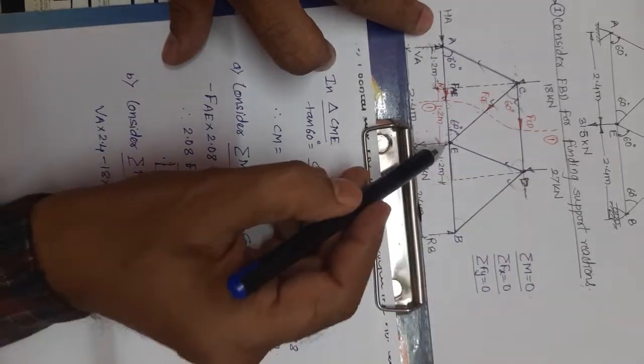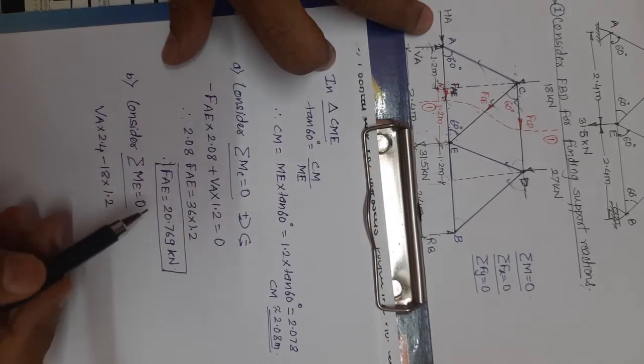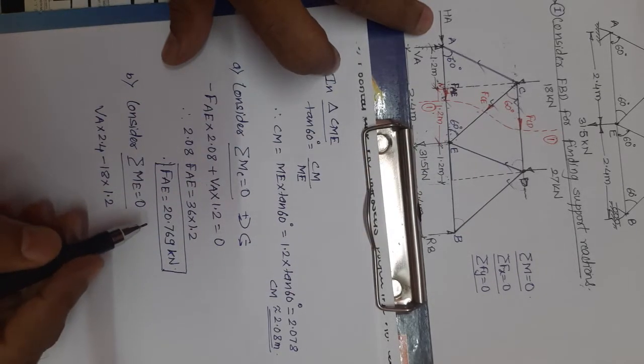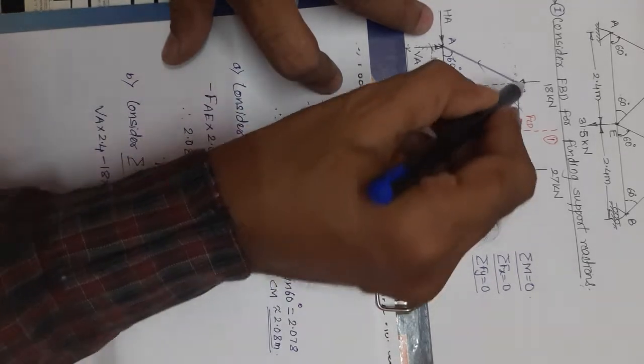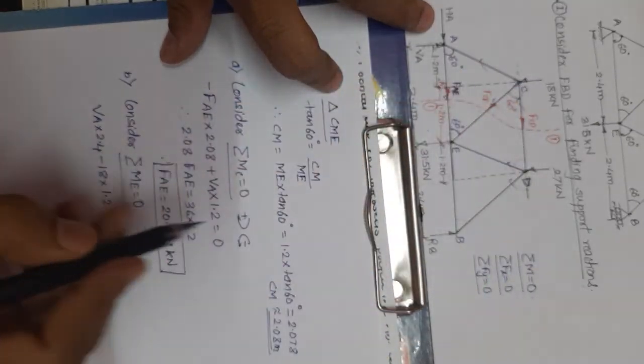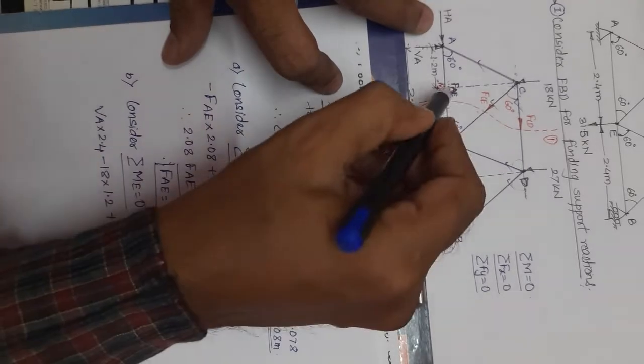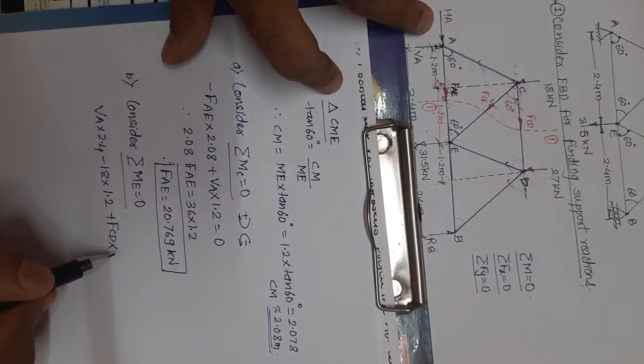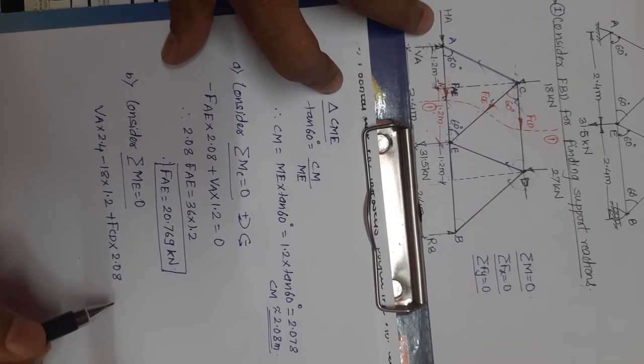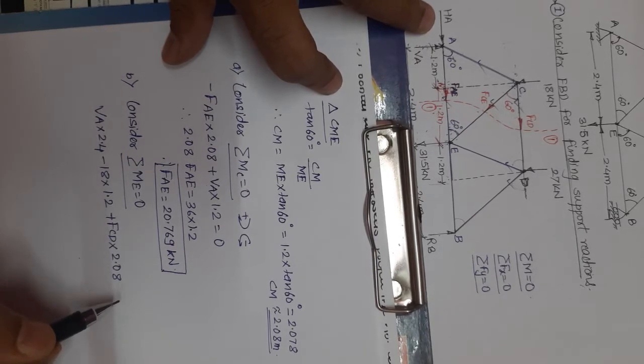Okay. Now next one is FCD now. Now the member forces we have to consider. FCD. Since it is creating a clockwise moment, it will be plus FCD multiplied by height. Just now we have calculated as 2.08. Anything else is there? Just confirm.